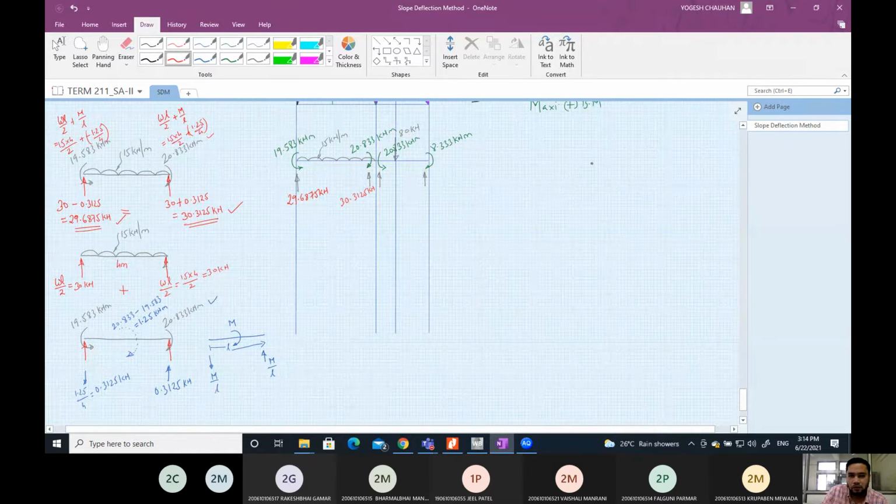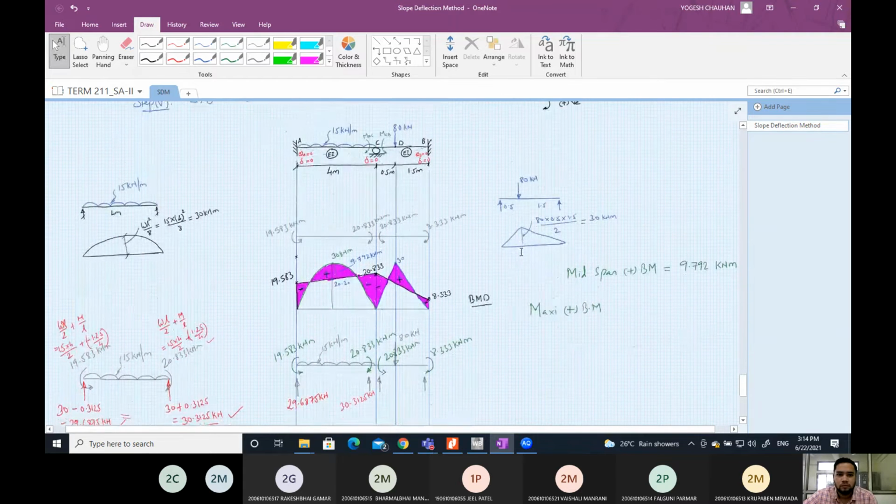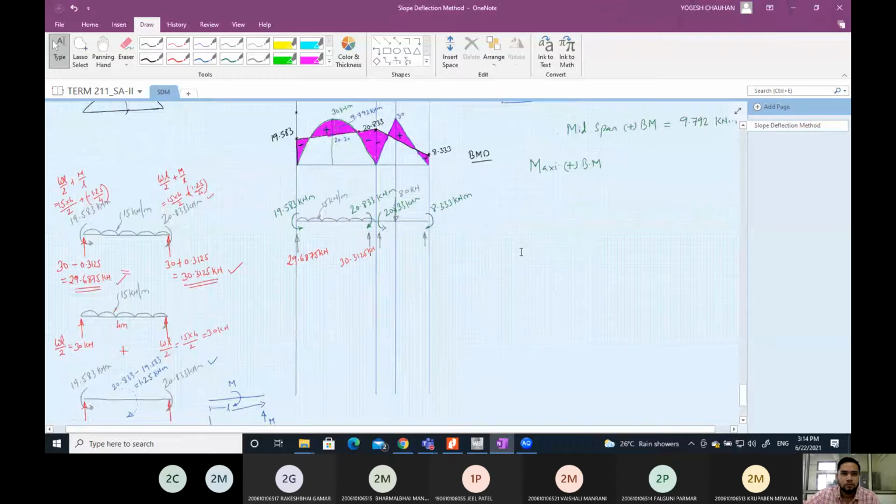Same way for this span we have to find. So on this side, there is an 80 kilonewton point load and a moment acting in anti-clockwise direction at C, and at B it is clockwise 8.333 kilonewton meter.